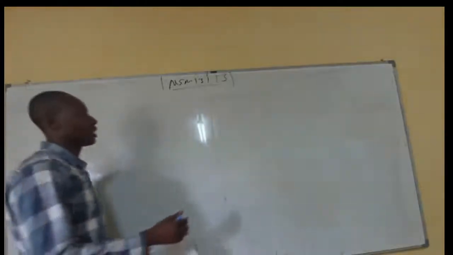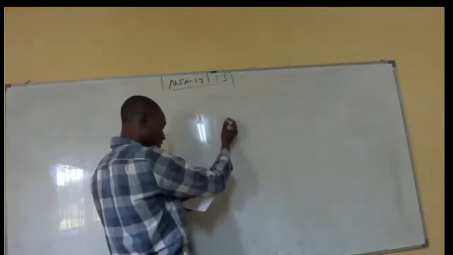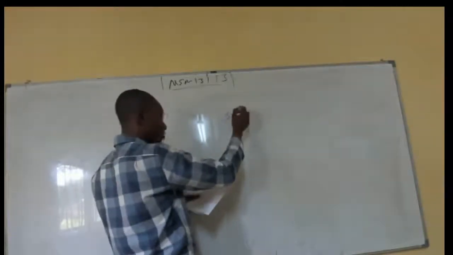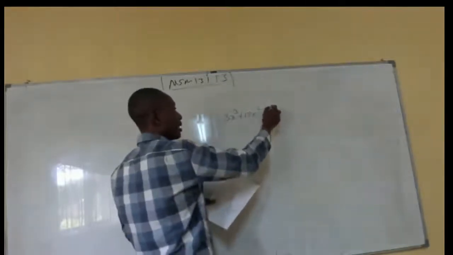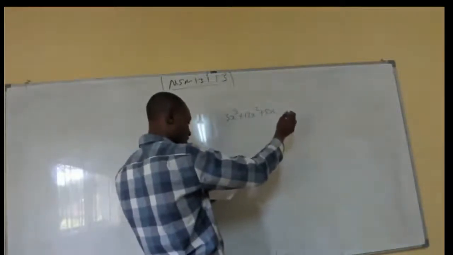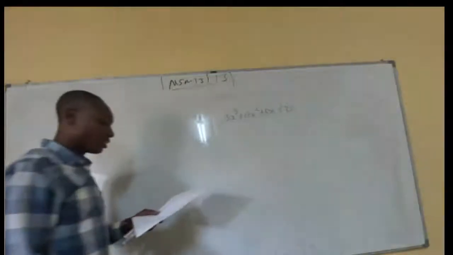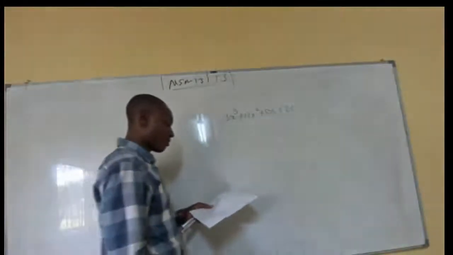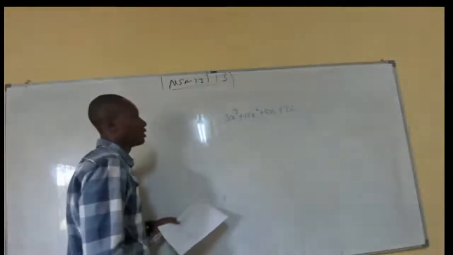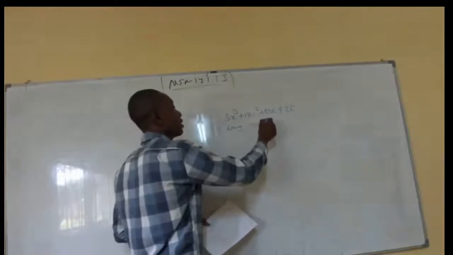Question 18. Alright, so question 18 says 3x cubed plus 12x squared plus 5x plus 20. Divide 3x cubed plus 12x squared plus 5x plus 20 by x plus 4 using, number 1, long division.